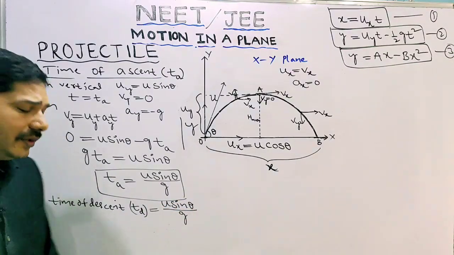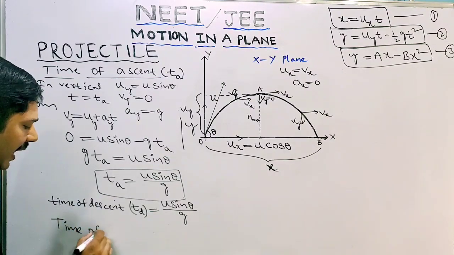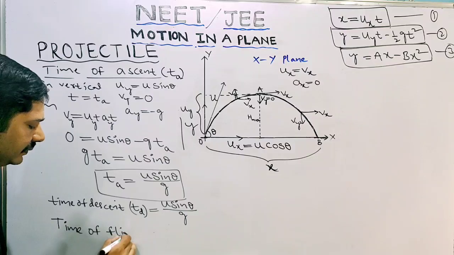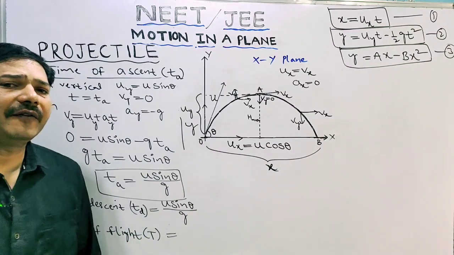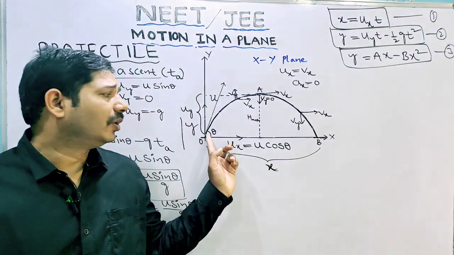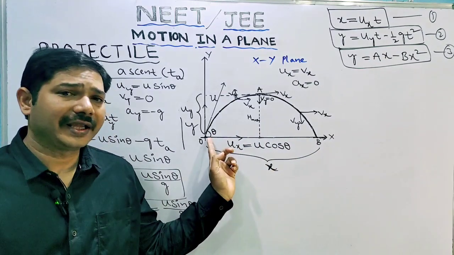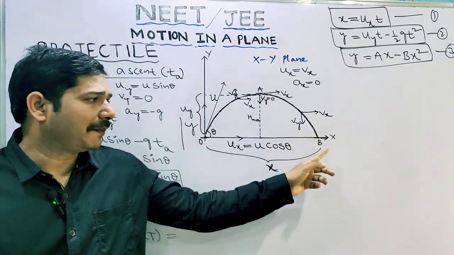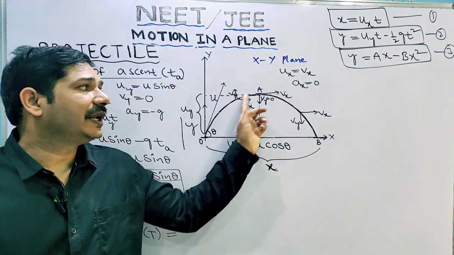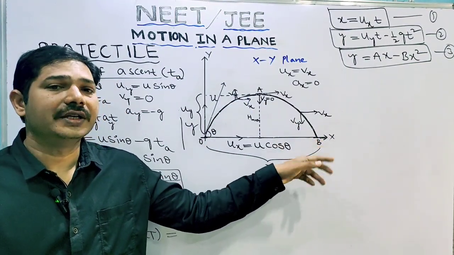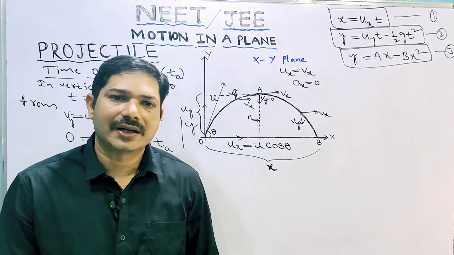The next one, time of flight, capital T. So time of flight means the total time of the projectile motion. How much time is taken from O point to A point, A point to B point? Simply, the time the body remains in air, the total time, is called time of flight.